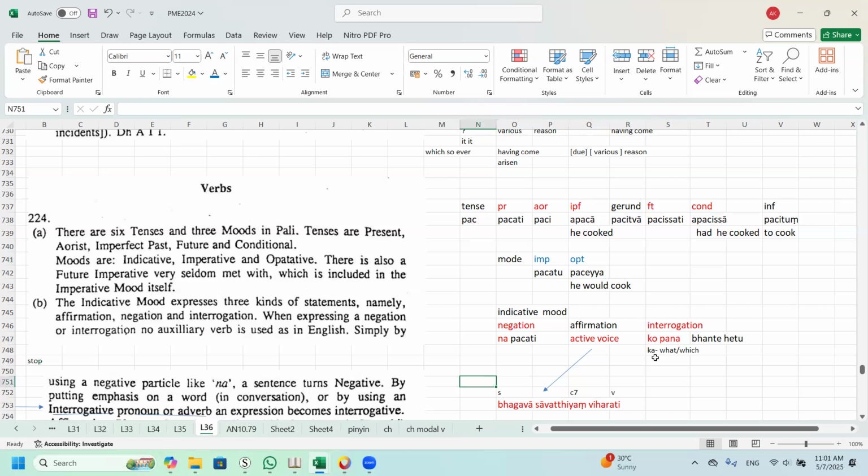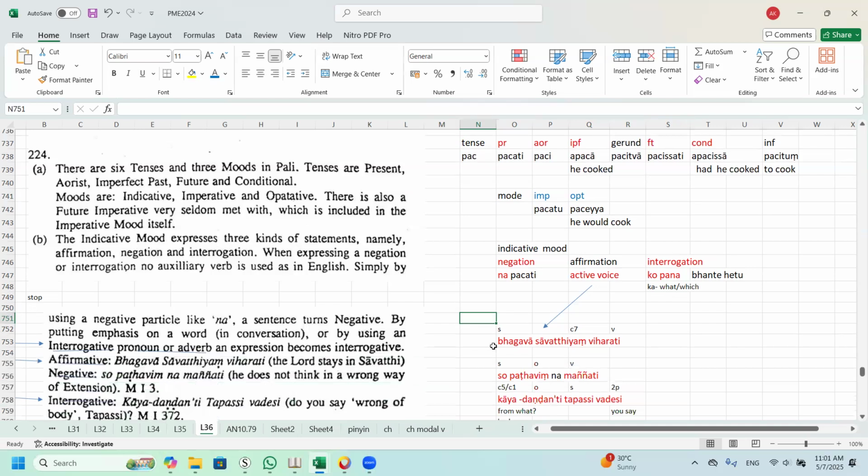Oh, forgot. Now, you see affirmation. Affirmation is a simple present tense. This subject, Bhagavā viharati Sāvatthiyaṃ. That means the Bhagavā stays in Sāvatthi. So this is just an affirmation.